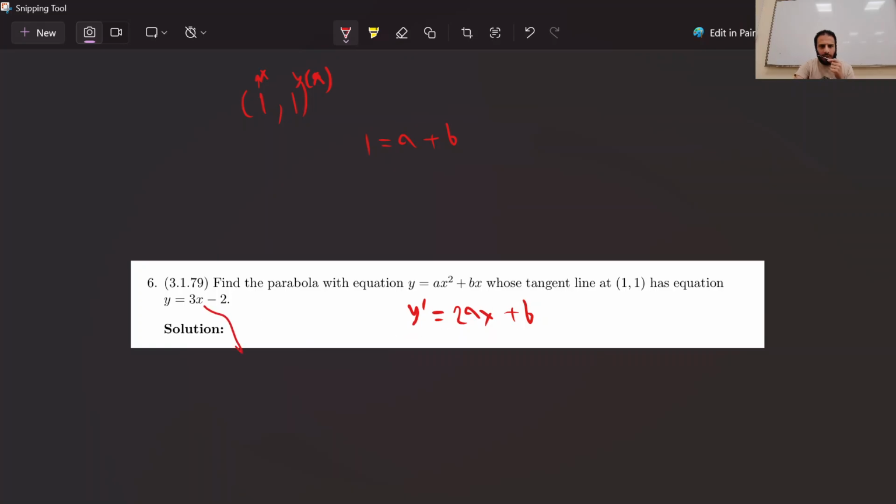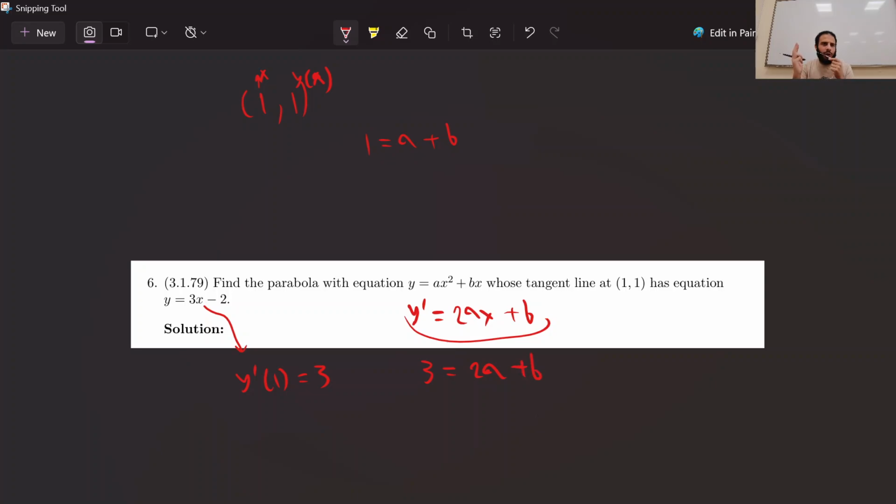From the tangent line, y prime of 1 equals 3, because the slope of the tangent is the derivative at the x value, right? So when you substitute x equals 1 in this derivative, you get 3 from the slope equals 2a plus b.